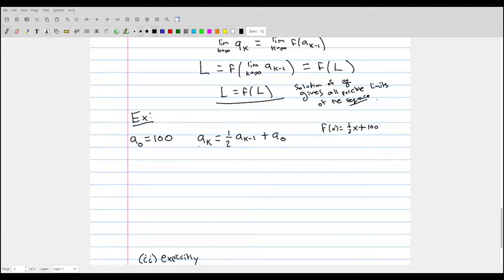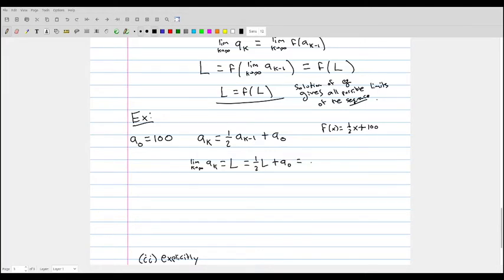And if it does exist, then the limit of the left-hand side, the limit of a_k as k goes to infinity, has to equal L, and it has to be equal to the limit of the right-hand side as k goes to infinity, which will end up being 1/2 L plus a_0.